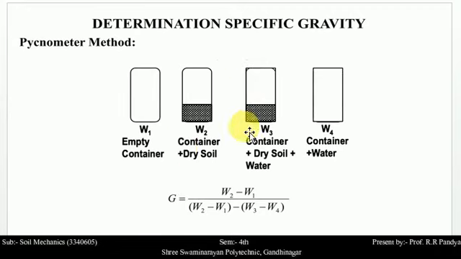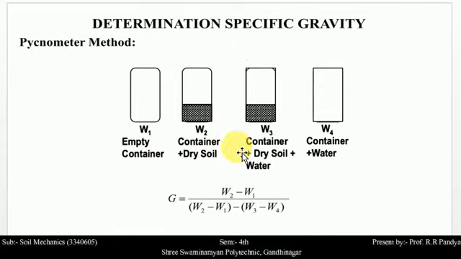Then we collect our soil from the ground and oven dry it. After oven drying for 24 hours, we take that sample, let it stabilize for 10 minutes at natural temperature, then put it into the pycnometer bottle.